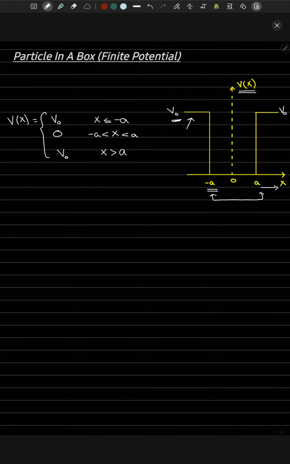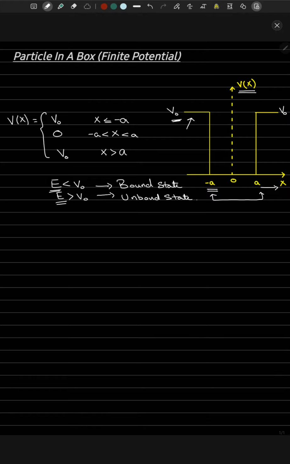Whenever you have energy E below V naught, that represents the bound state, while when you have energy E greater than V naught, it is known as the unbounded or unbound state. Now this energy E is the energy of whatever particle you're considering inside this box.